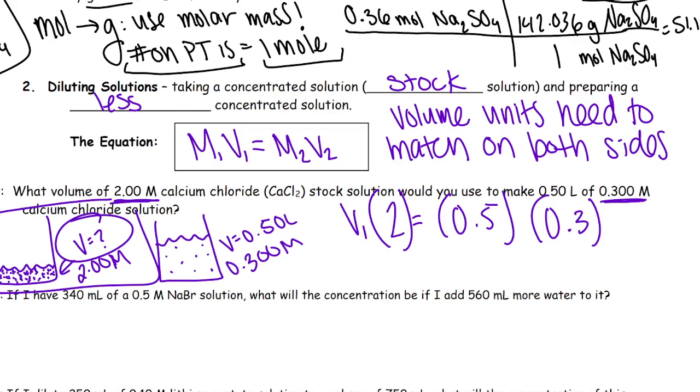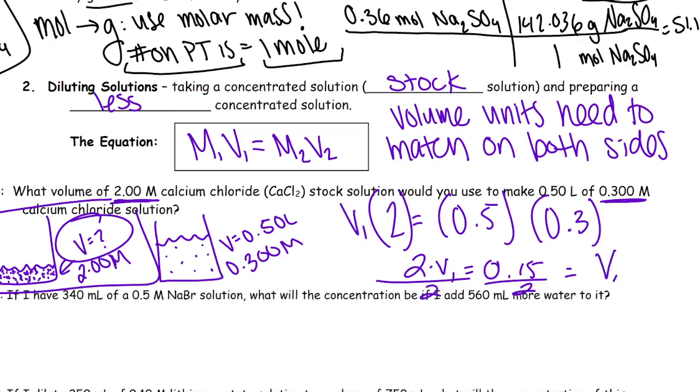So then to solve this, I would multiply 0.5 times 0.3. So 0.5 times 0.3 equals 0.15. And then divide that by 2, because I get 2 times V1 equals 0.15. To get the 2 away from the V1, I divide by 2.